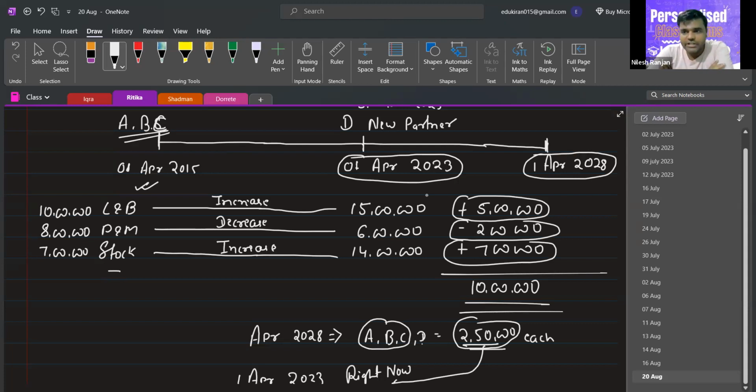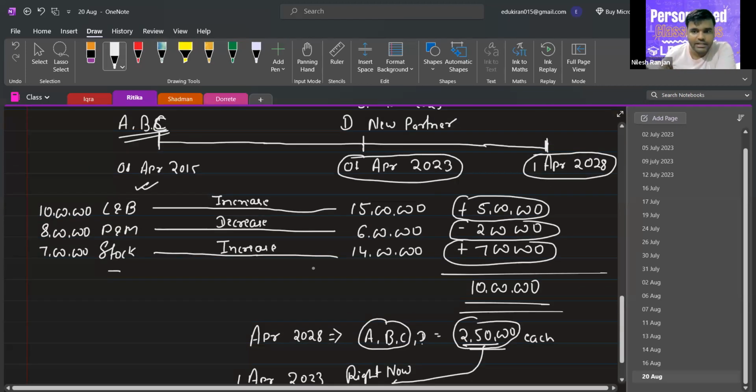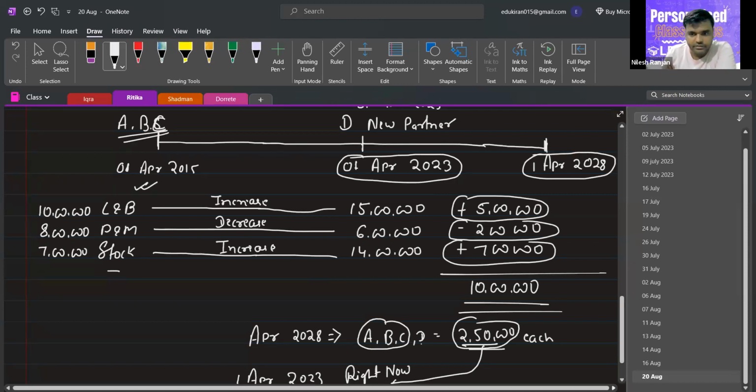Actually, we are distributing this profit because we don't know how much the value of assets will be in future. So in future, we just have to distribute all the profit. Yes. Let's change the situation a little bit here.